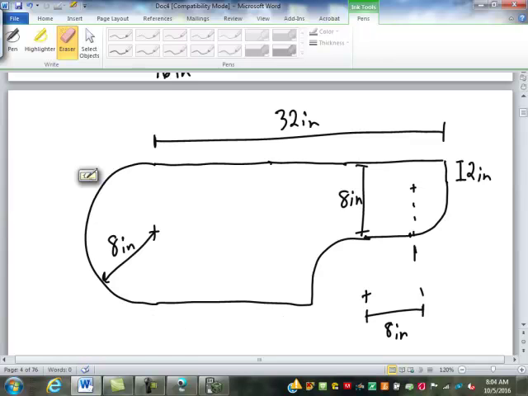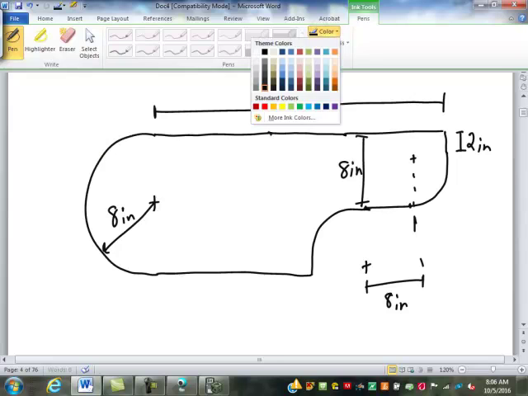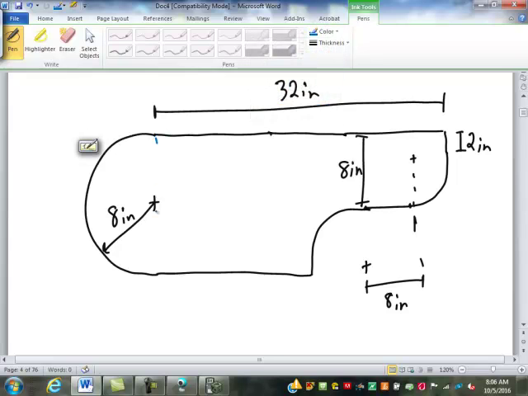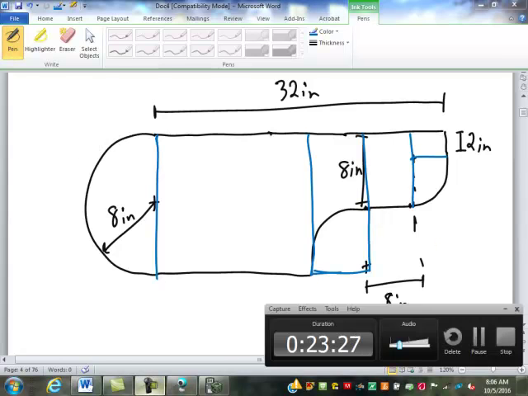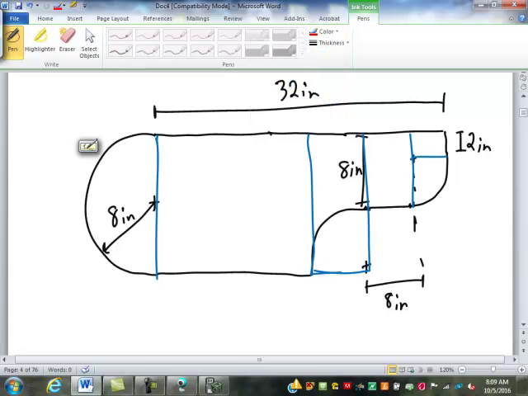So in your notes, find the area of that. I'll give you a little hint. Cut it like that. Okay, so I gave you this little hint for dividing it up.